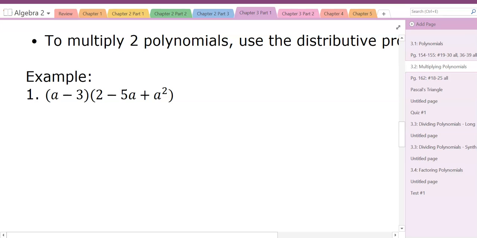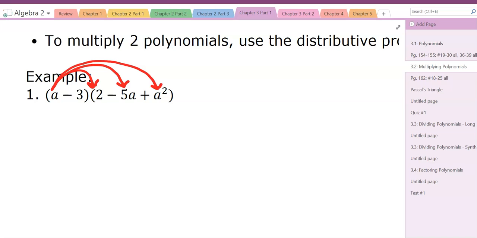So what I'm going to do first is I've got a minus 3 times this 2 minus 5a plus a squared. The first thing that I'm going to do is take a, and I'm going to draw arrows so that I multiply it to every term in that second set. This is basically like foiling, but I don't have a nice simple rule that I can follow here because I've got 3 terms. It's not 2 terms times 2 terms where I could do first, outside, inside, last.